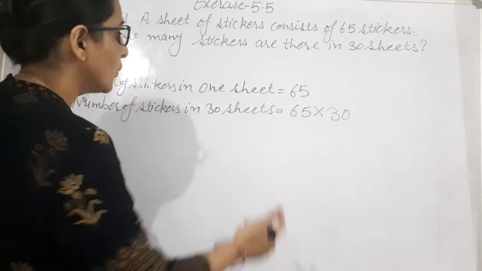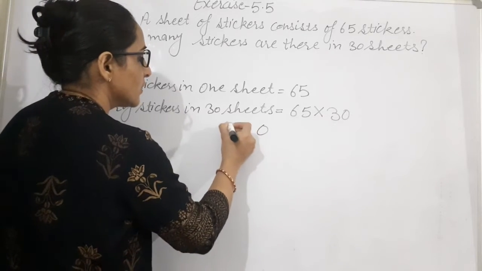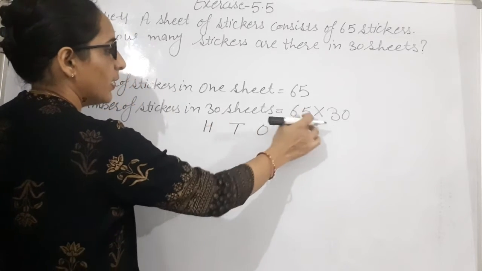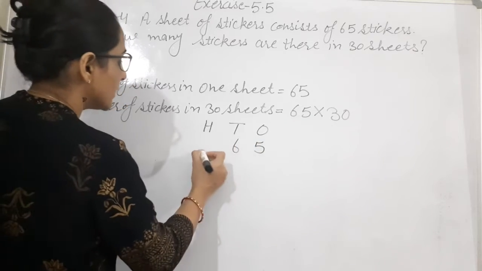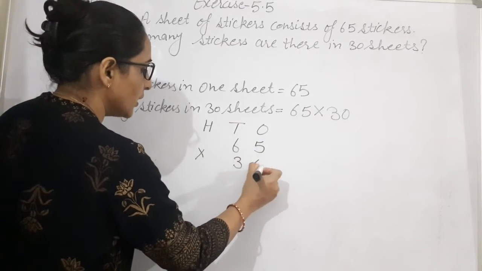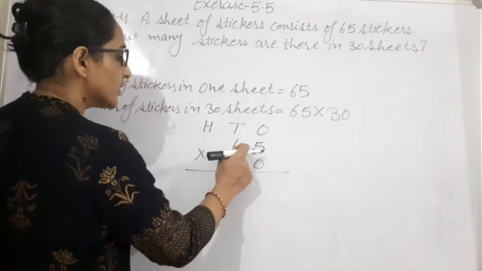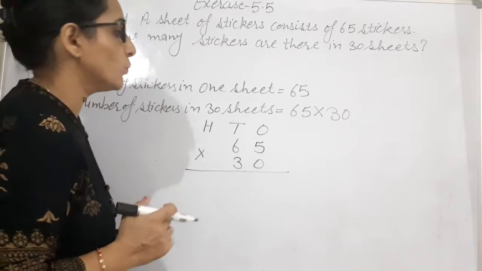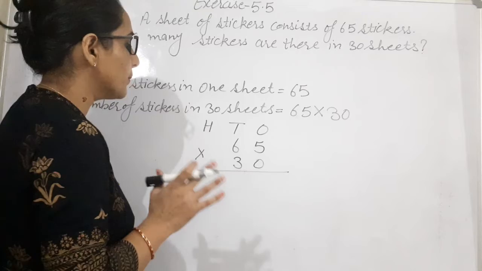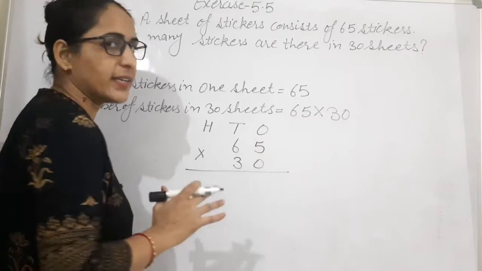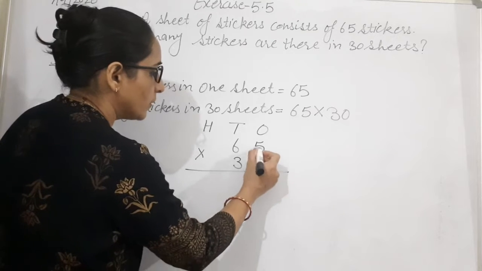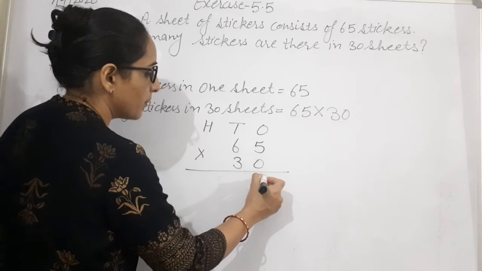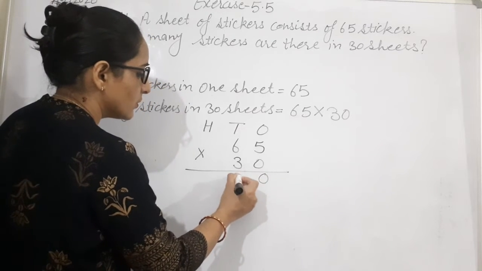Clear? Now write the places first, ones, tens and hundreds. After that you write here the number of the stickers multiplied by the number of the sheets. 65 multiplied by 0. We know very well beta, when we multiply any number by 0, we get 0. So 0 multiplied by 5 is 0, 0.